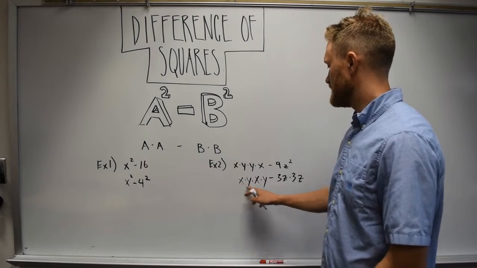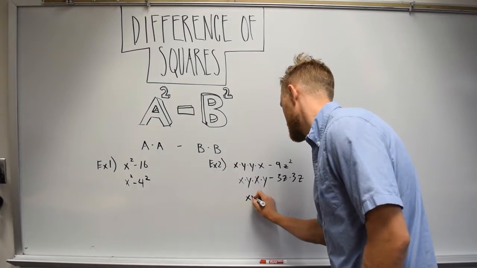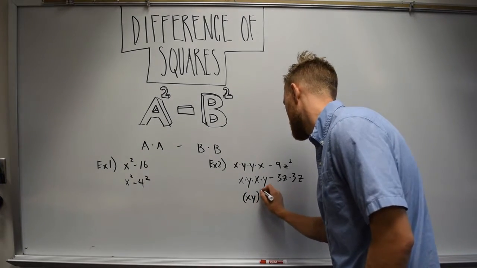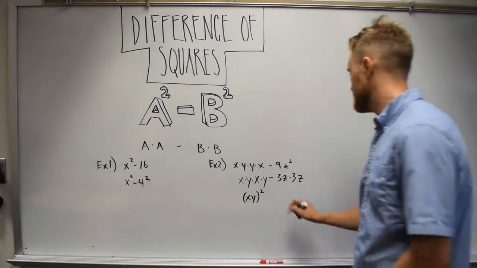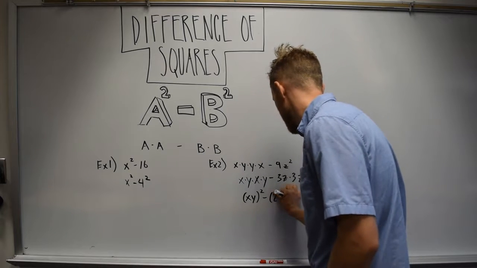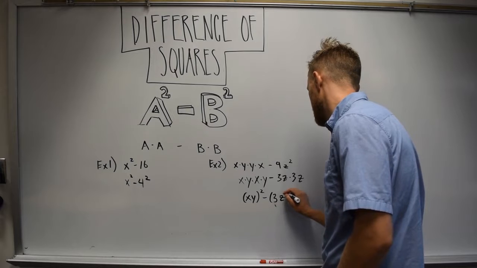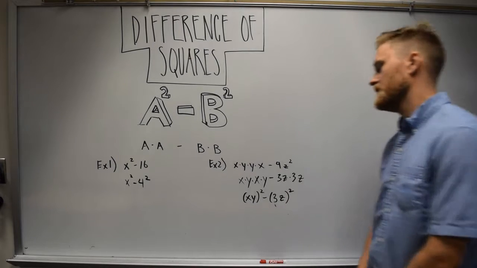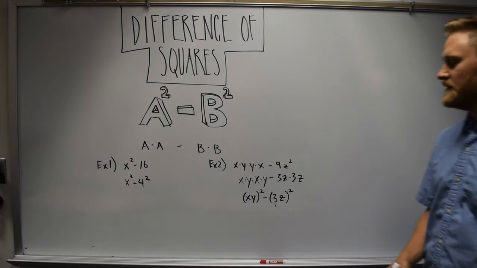Now if you look at this, xy times xy is the same thing as xy squared. And 3z times 3z, I can write that as 3z squared.